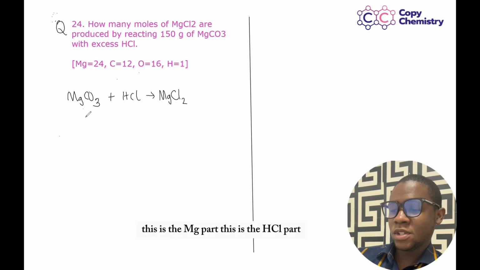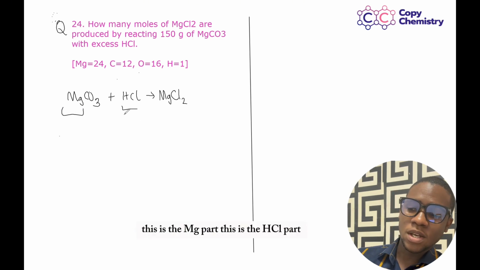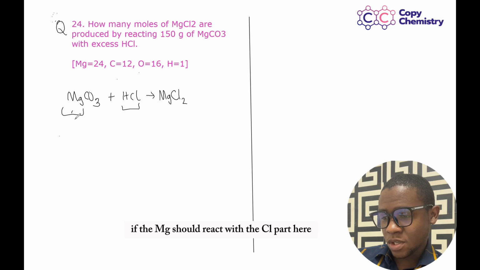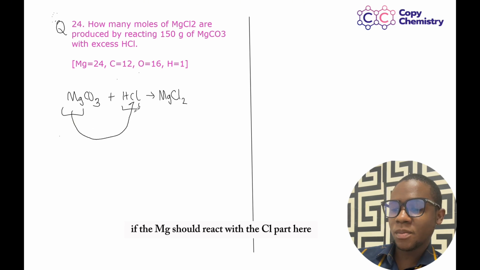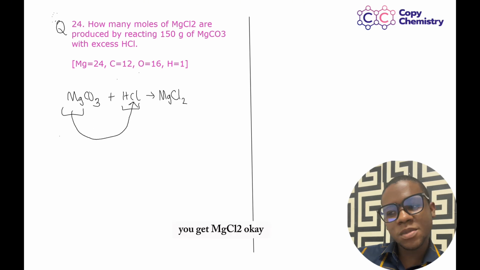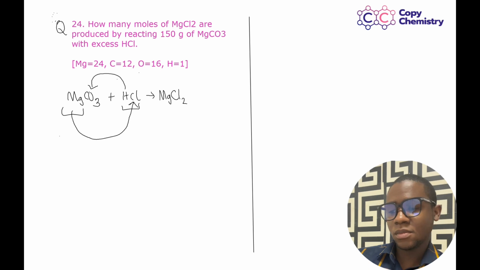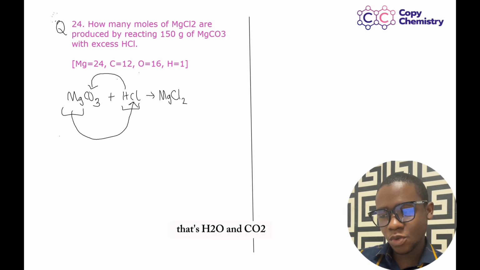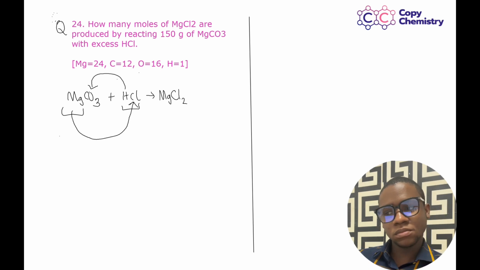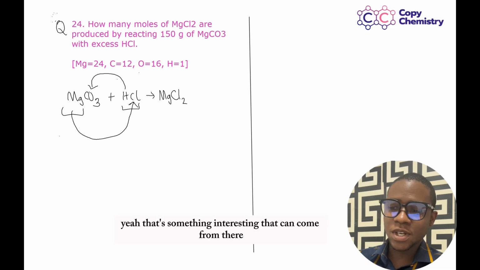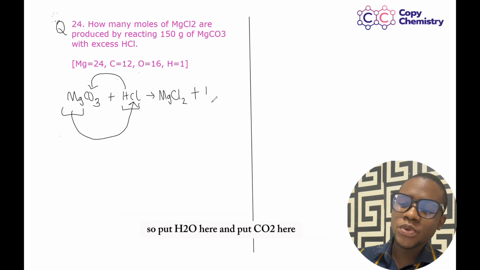This is the Mg part, this is the HCl part. If the Mg reacts with the Cl part here, you get MgCl2, okay, we understand that. How about this H and then the CO3 part? That's H2O and CO2. Yeah, that's something interesting that can come from there. So we'll put H2O here, and we'll put CO2 here.